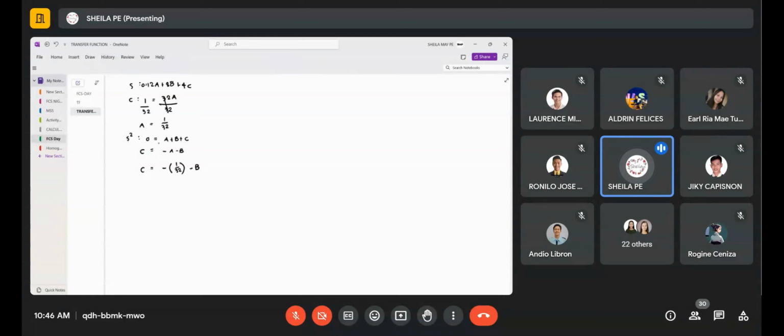So that's our c. So 0 equals to 12a plus 8b plus 4c.